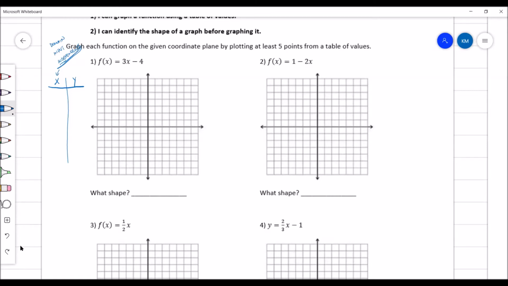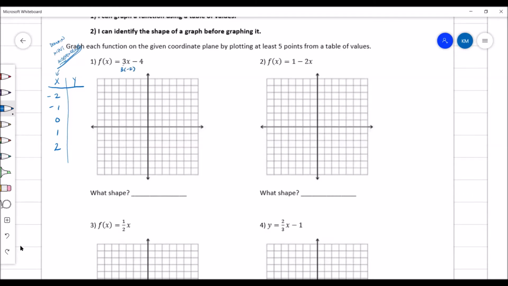So if we need to choose 5 values, let's choose some low values that are negative and positive. We'll choose -2, -1, 0, 1, 2, and then we'll just plug them in and see how they function.